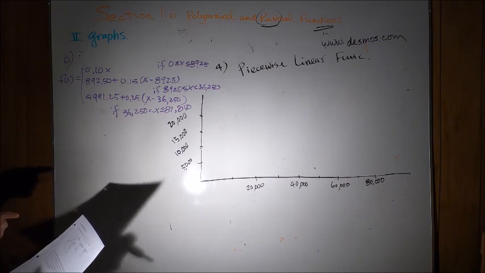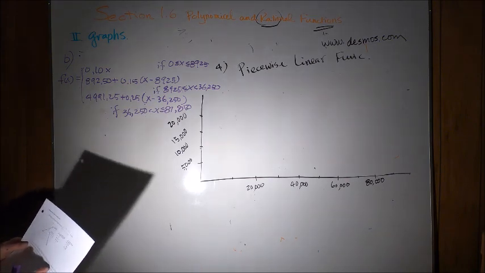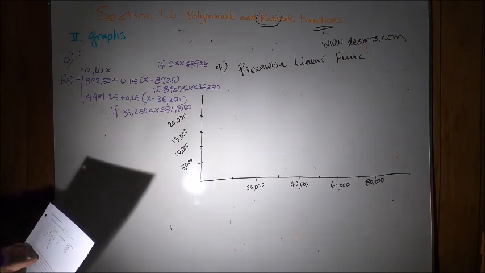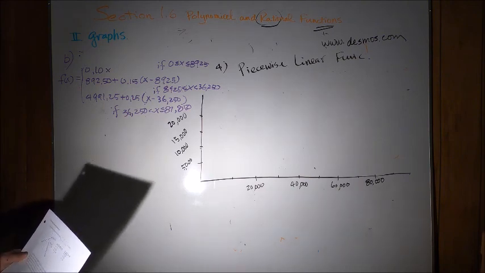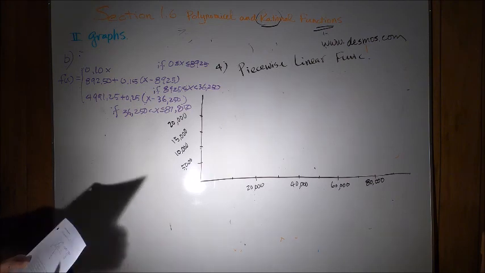Graph an income tax function. Federal income taxes are progressive, meaning that they take a higher percentage of high income. Okay, they charge you more tax if you make a lot of money. So that's the idea.